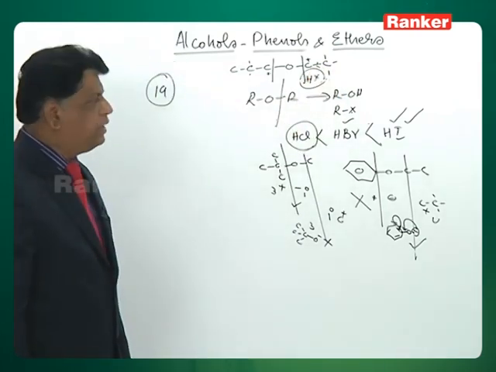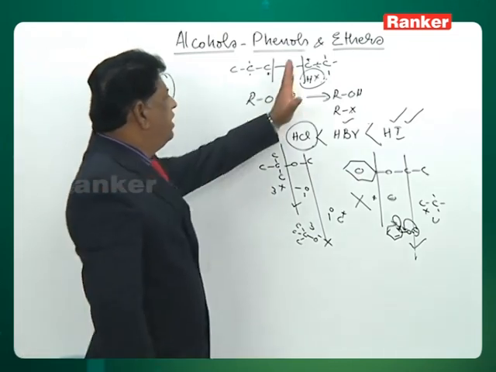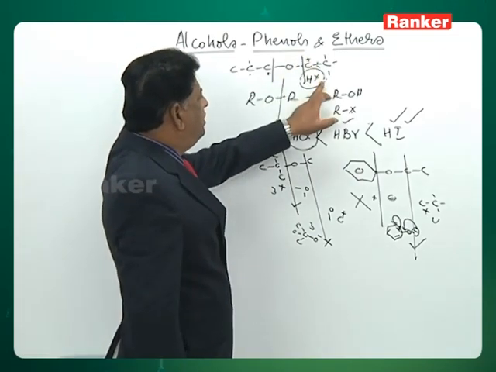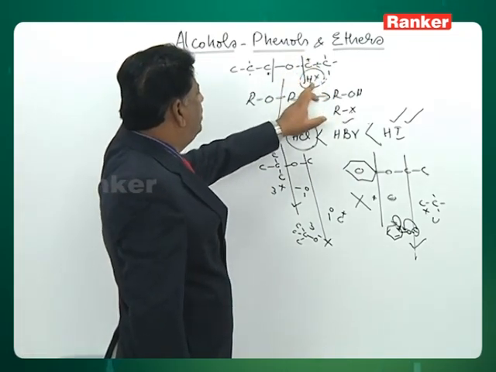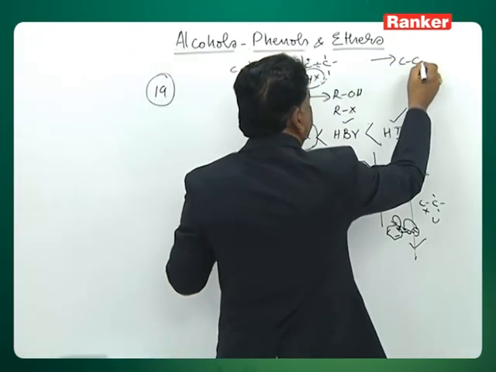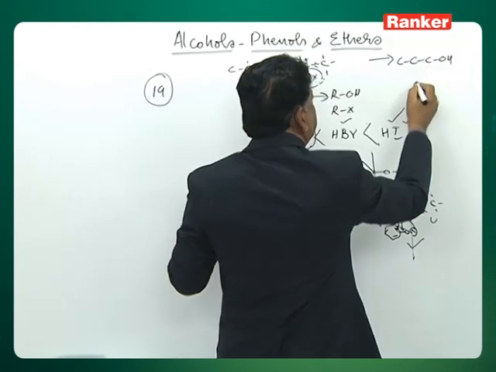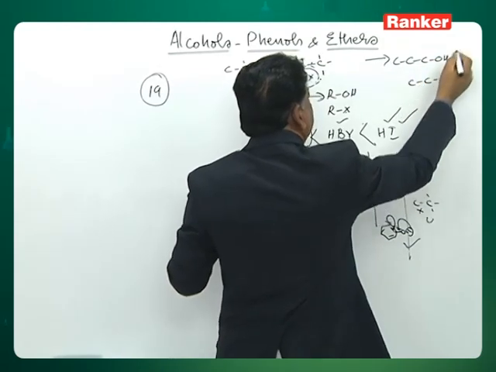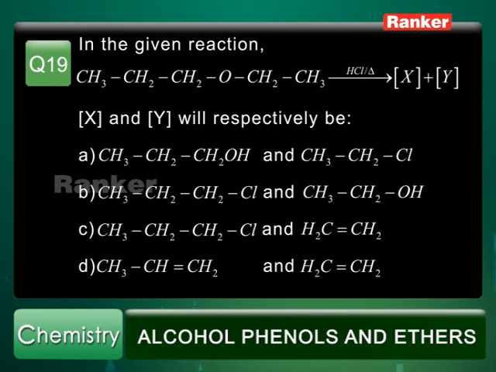Naturally, 3 hyperconjugations is more stable. Therefore, if I cut here, the carbocation will take the halide and the oxygen will take the H. So propanol and ethyl chloride will be the right answer. So the first option is the right answer.